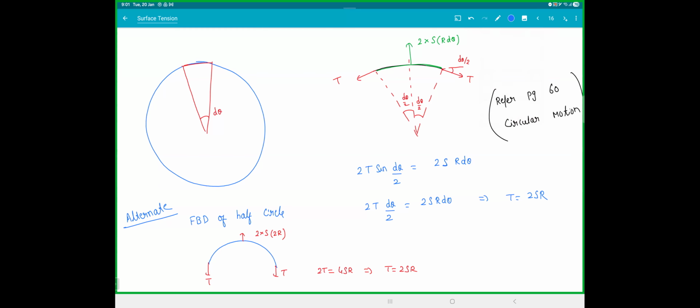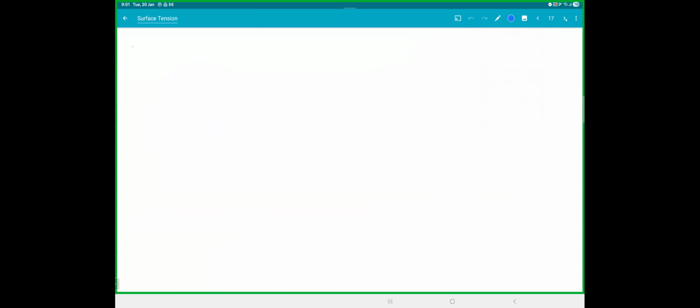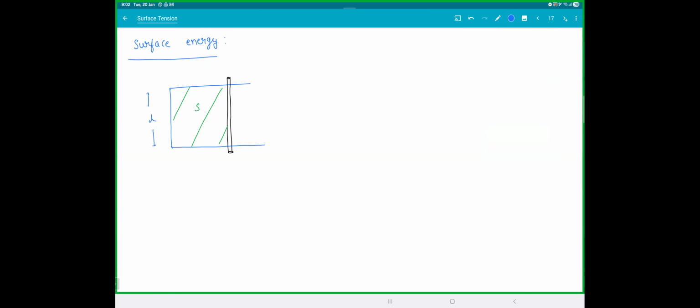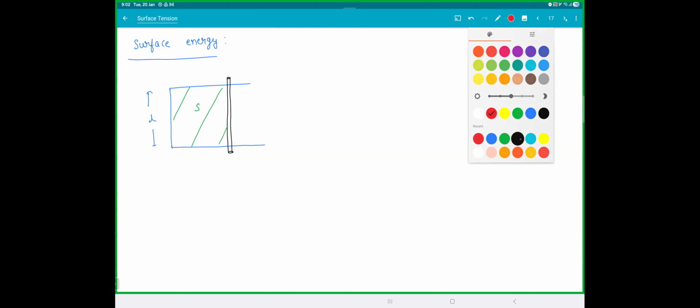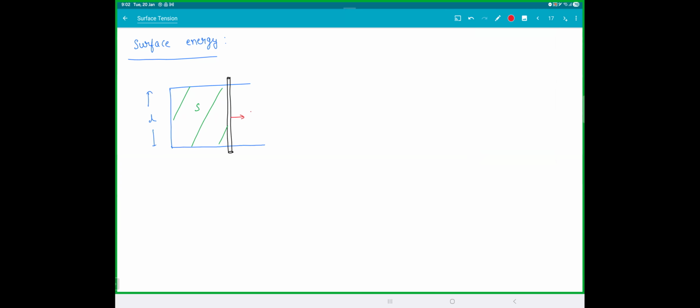Now, if there is a force, then there is also energy. We define something called surface energy. Again, a small chapter, just like viscosity. So if you take a rod here, if this was your soap film, and this was your length L. Now, to keep this in equilibrium, you have to apply some force, or else the soap film will pull you inside.